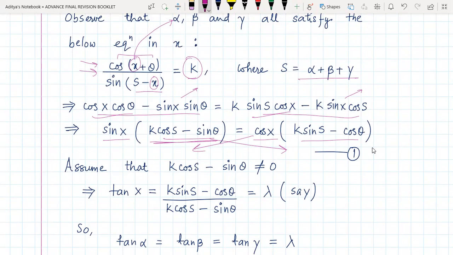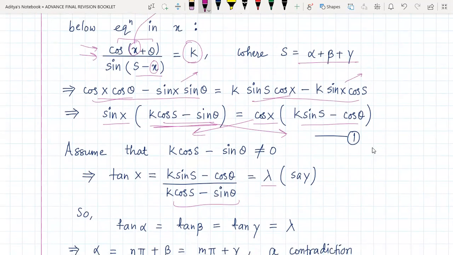Now let us call this quantity lambda. Lambda is obviously a constant because k is a constant, s is a constant, and theta is a constant. Basically, x is the only variable, which can take three different values, alpha, beta, and gamma. Since alpha, beta, gamma all satisfy this equation in X, tan alpha would be equal to lambda, tan beta would also be equal to lambda, and tan gamma also equal to lambda.